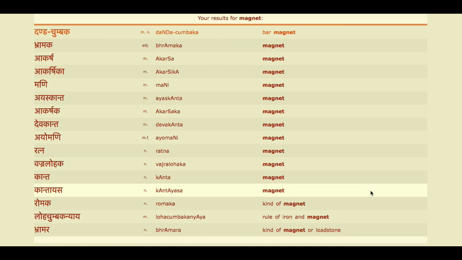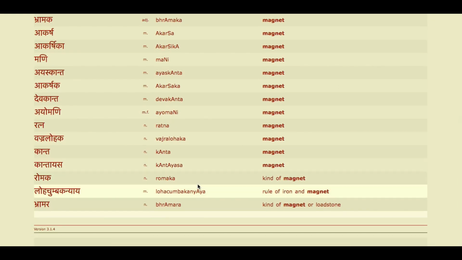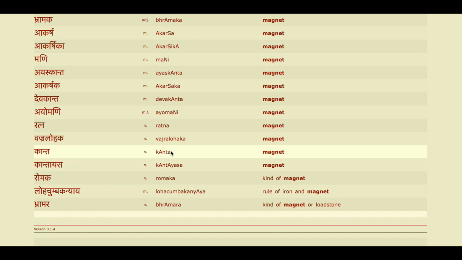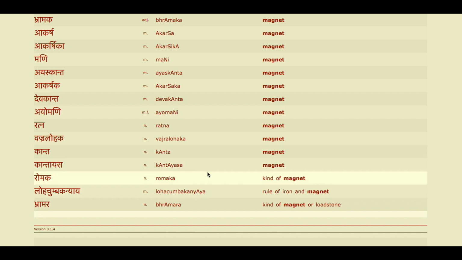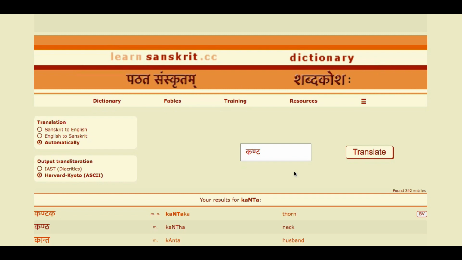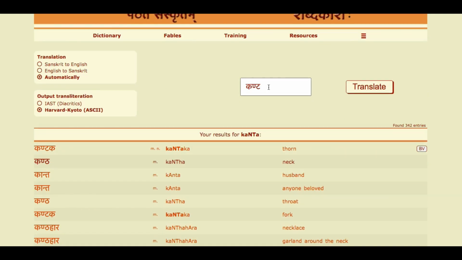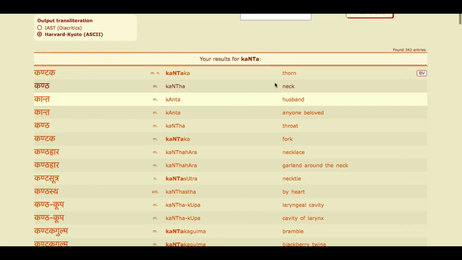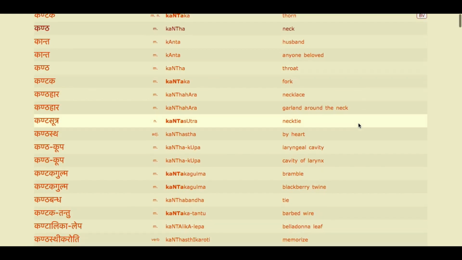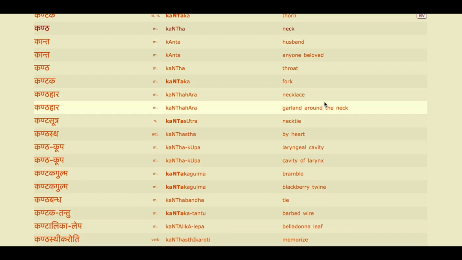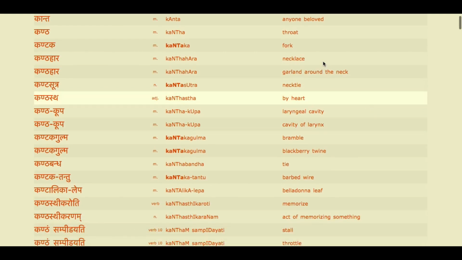Okay? Kantayasa, Romaka. Kanta also means your throat, with which you sing. Let's look for Kanta, okay? Here it's written in the Devanagari script. Kanta means neck, like I told you, also husband, anyone beloved. Throat, with which you sing, okay?